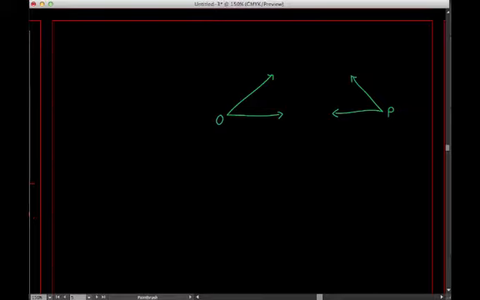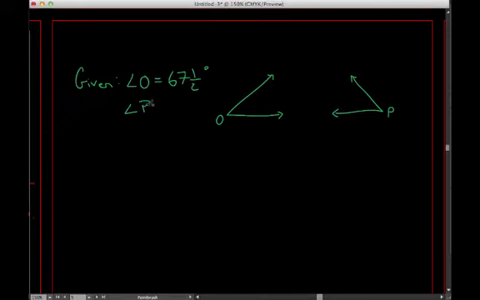So here we can see two angles, angle O and angle P. And let's say that we're given the information that angle O is equal to 67 and 1/2 degrees, rather.